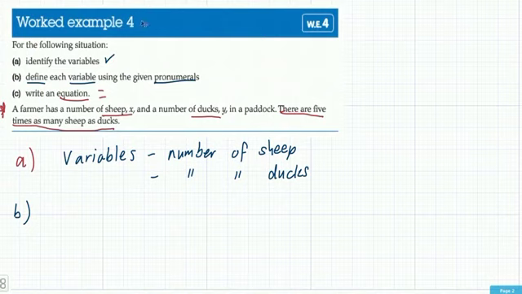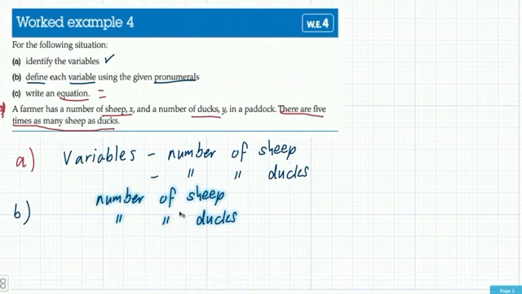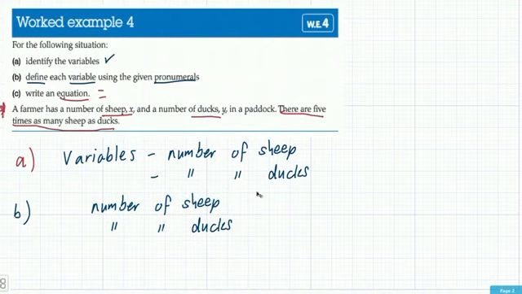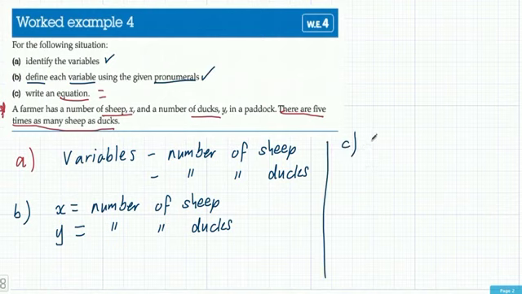In this case it's really easy because they've already told us what letters to use. So we can very easily just copy this and drag it over. We know that the number of sheep is represented by the pronumeral X, and the pronumeral Y represents the number of ducks.